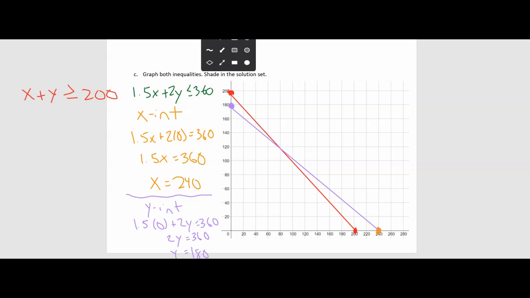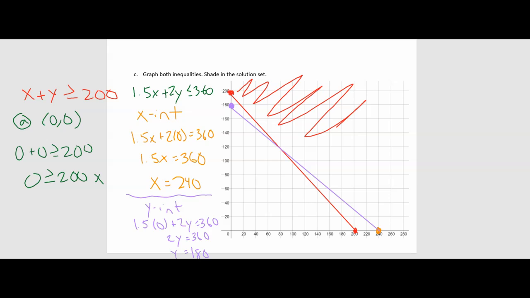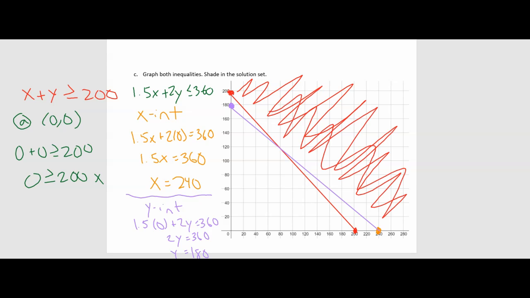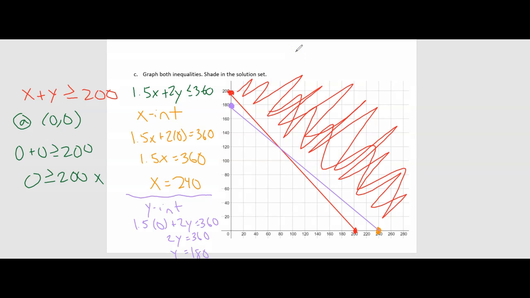Let's do the red inequality first. So at 0, 0, well, this is not going to work, right? 0 is greater than or equal to 200. That is false, so I'm going to shade the other side of the red. And for the purple, just write this out again over here.